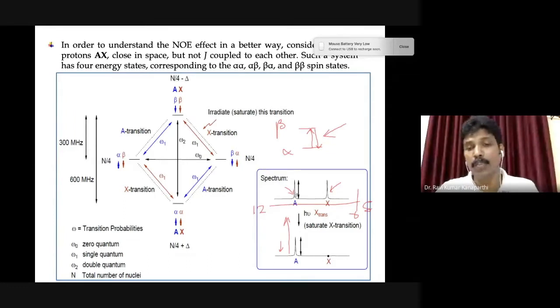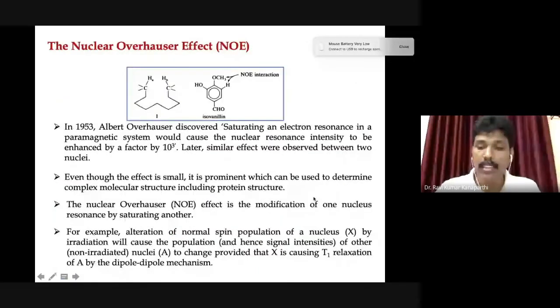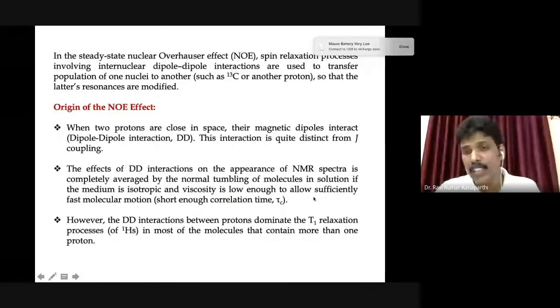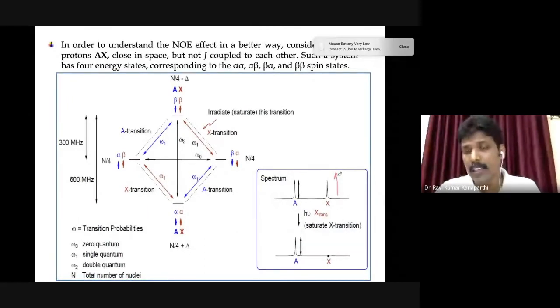So you know where exactly A is resonating. With that frequency, you just set the decoupler frequency, matching the A resonating signal. In that case, the X signal intensity will either go up or go down.